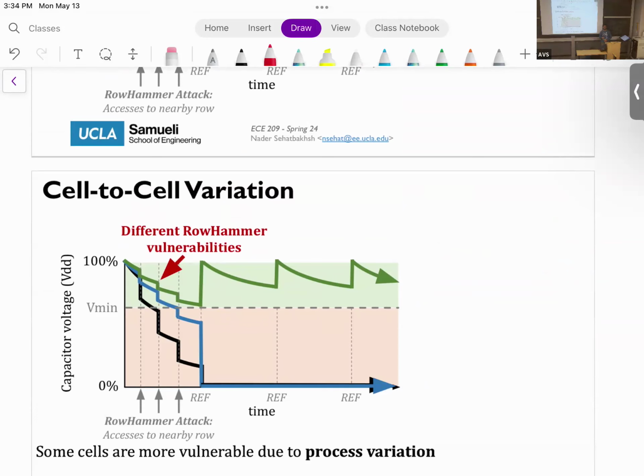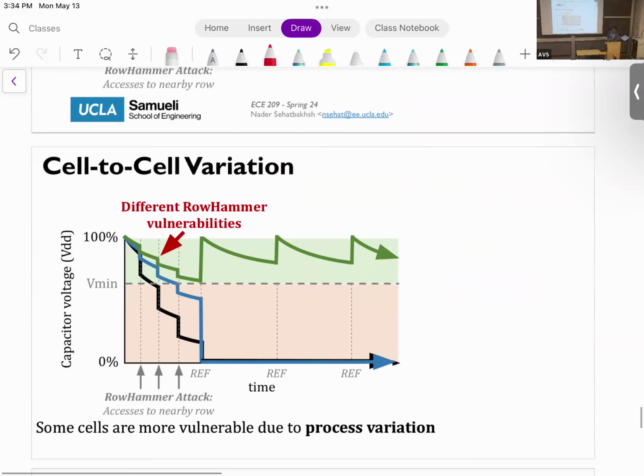Questions? So row hammer, of course, won't be successful all the time. For example, this black one is destroyed. This blue one is also destroyed. But if the amount of leakage is small, then this green one will be recovered. Okay. So it doesn't mean that row hammer is able to flip all the bits.